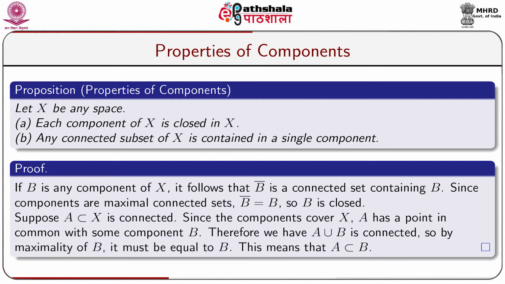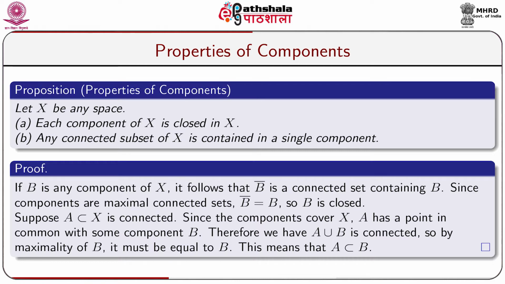For the proof that every component is closed, we recall the fact that the closure of any connected subset is connected. Now, since components are maximal connected subsets of the topological space, the closure will be connected.